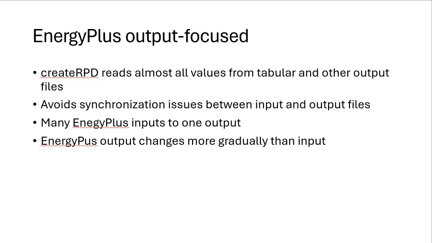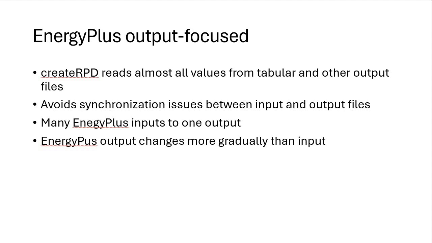First, we always will need to look at some outputs for, let's say, autosize capacities. There's no way to avoid that. We need the output as well. And by focusing on output, we don't need to worry about if the version of the output and input files match completely. You know, an input file can be modified without the output file being modified if the simulation hasn't been run. So that avoids some confusion.